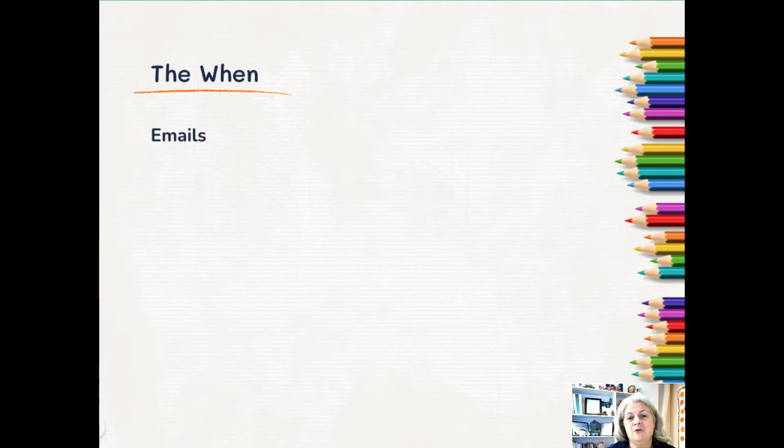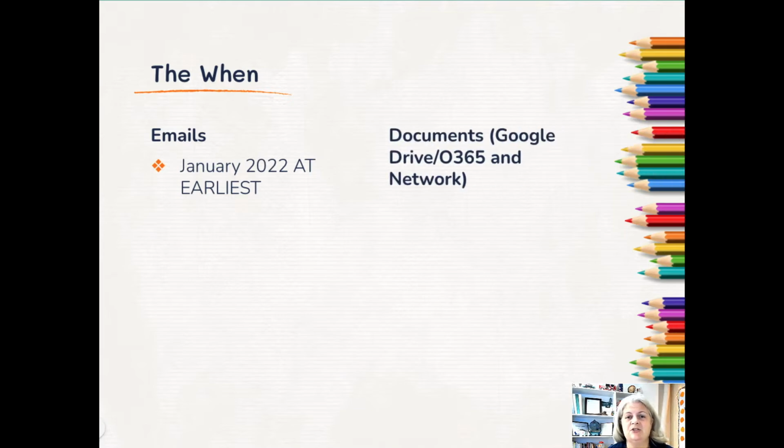So your job is to, at least right now, know that as of the end of January 2022, the IT department is going to start eliminating some of the emails that are over 2 years old. As it applies to online accounts, so Google Drive, O365, network files, those won't start until at earliest summer 2022.